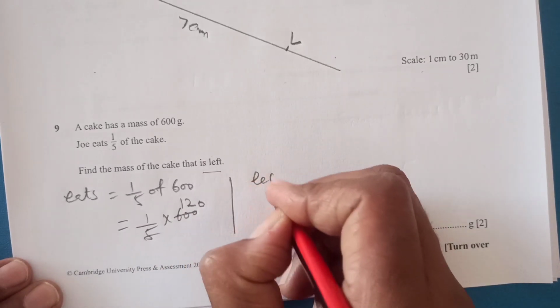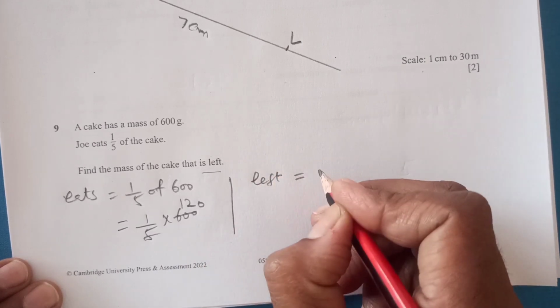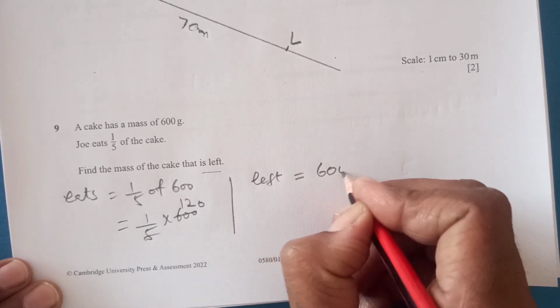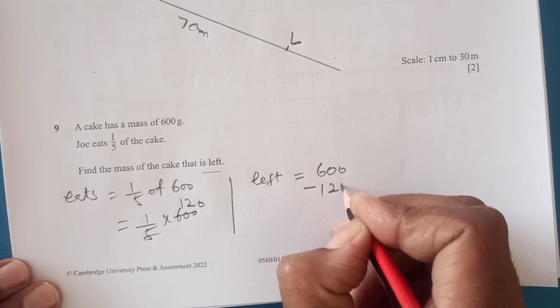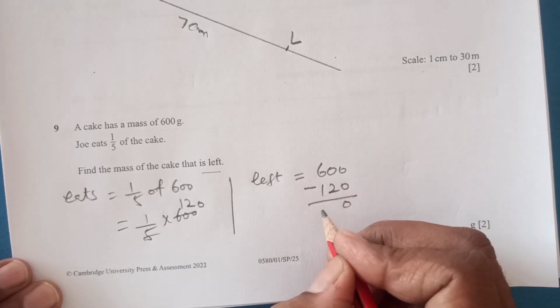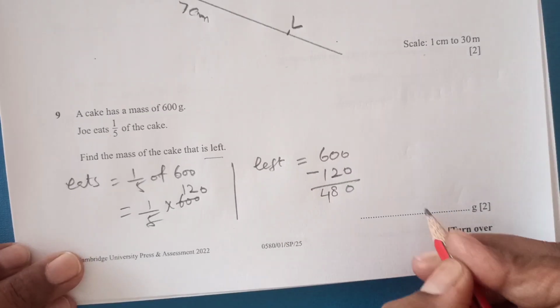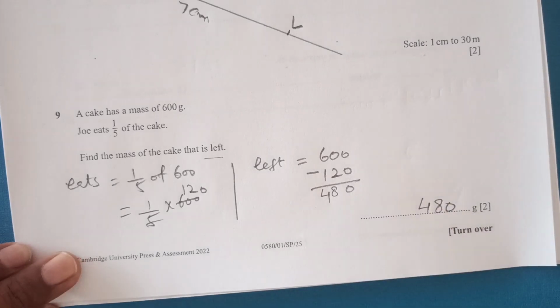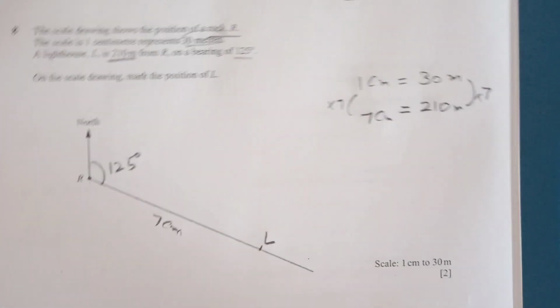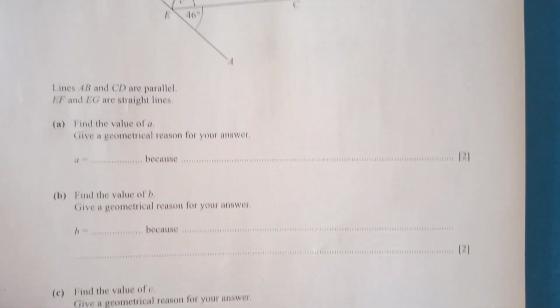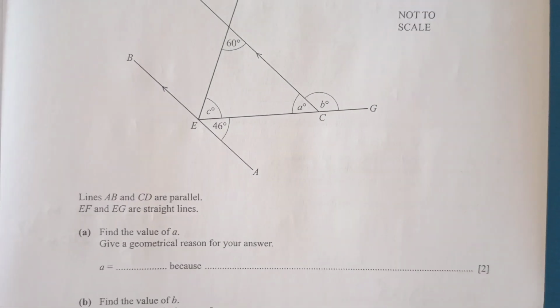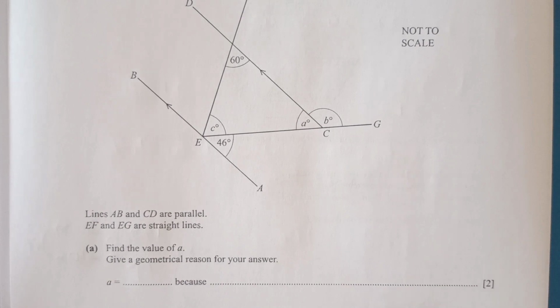And what is the leftover? So the cake left is 600 grams minus 120, that is 480 grams. Okay. Now as you can see, questions are not hard, but you need to be careful about the calculations that you are doing without calculator.